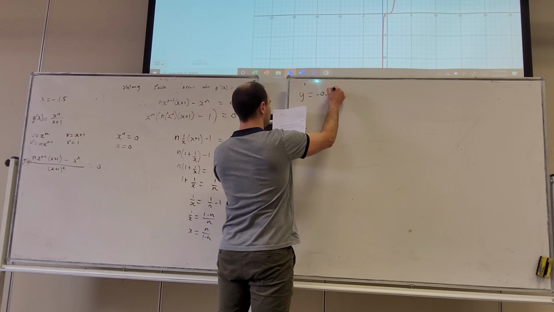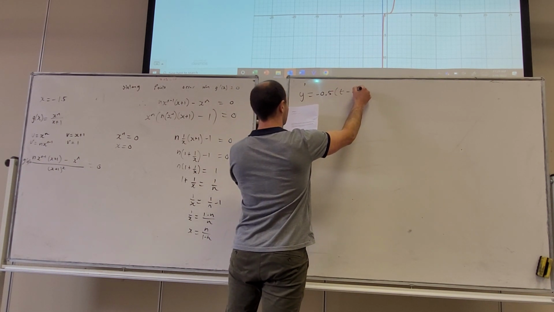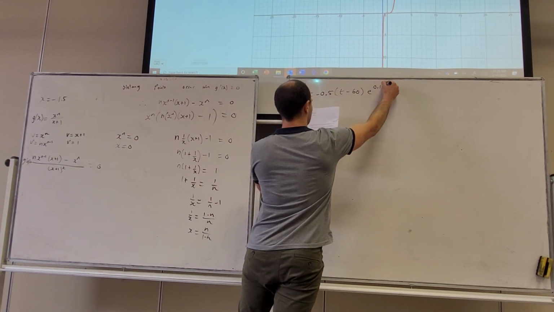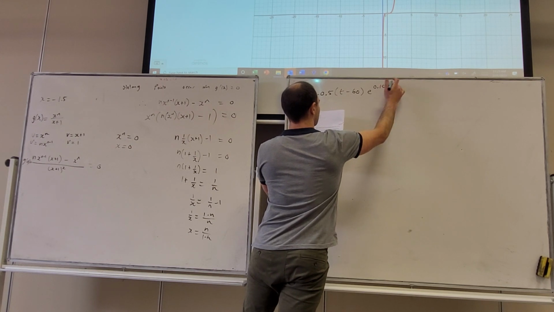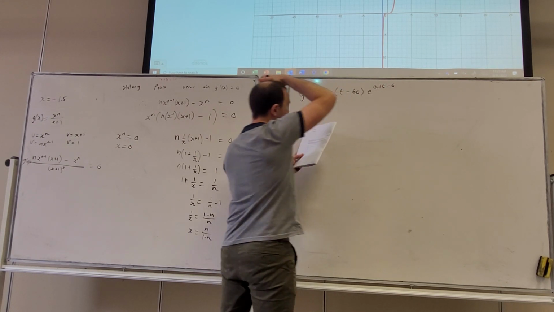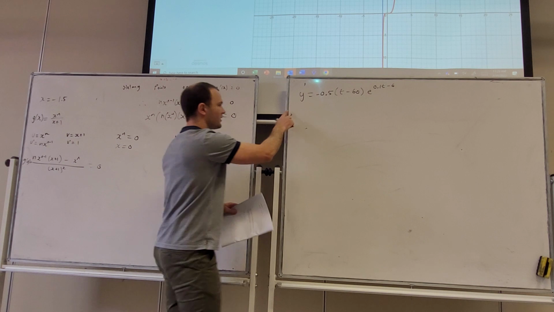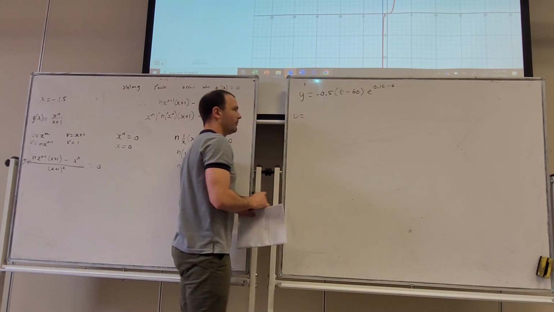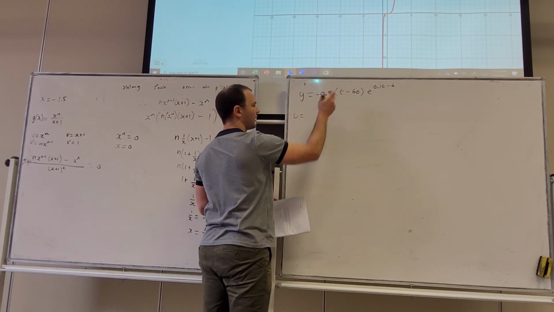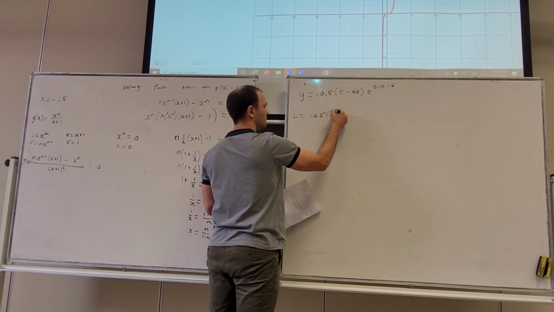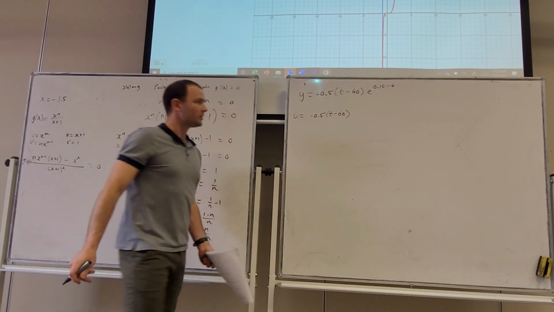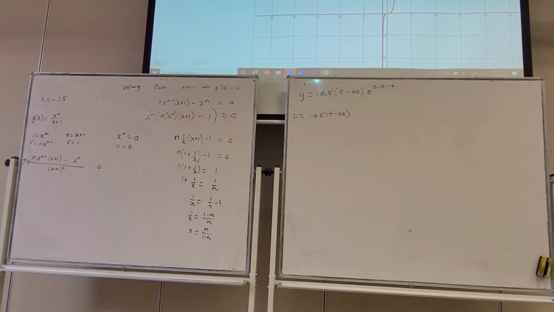This is our function. All right, so for my u, I'm going to make that whole thing u. So the number, you don't have to include it, but you would have to multiply everything by it.